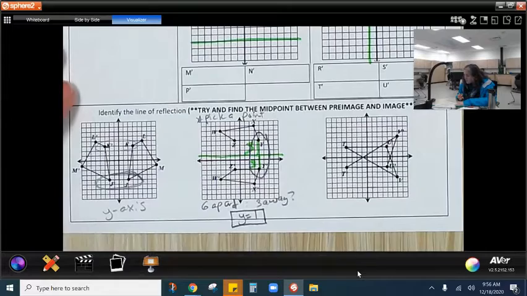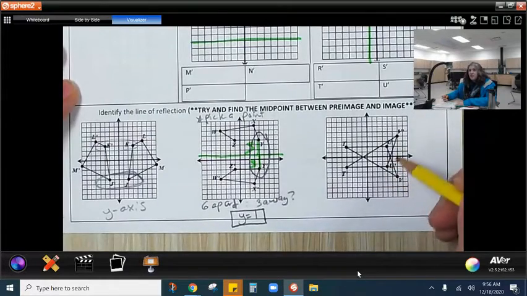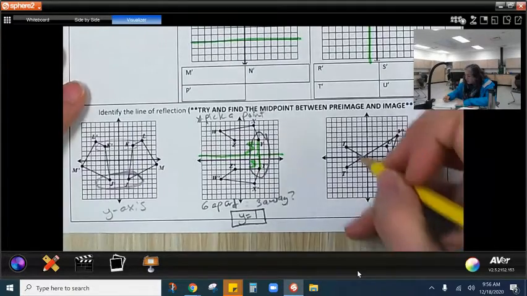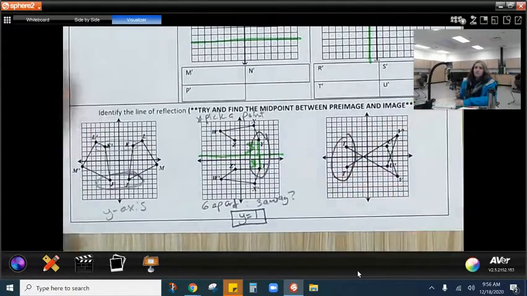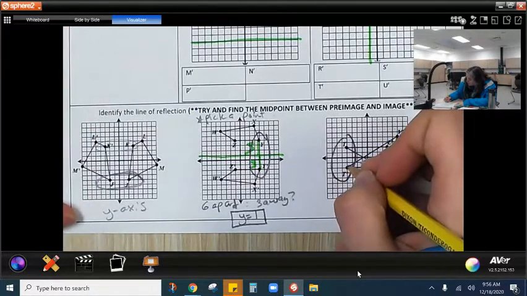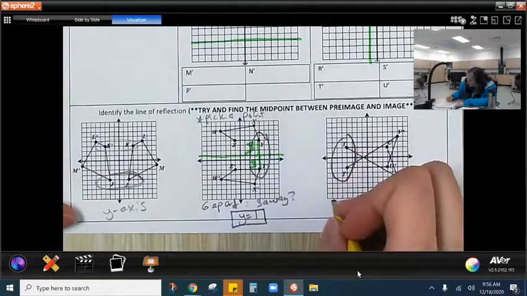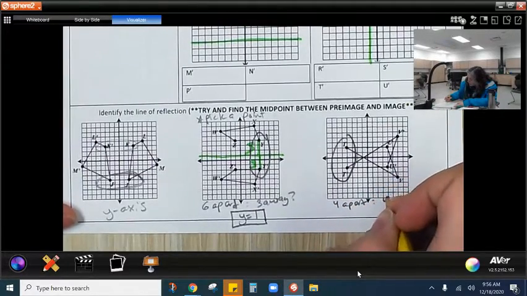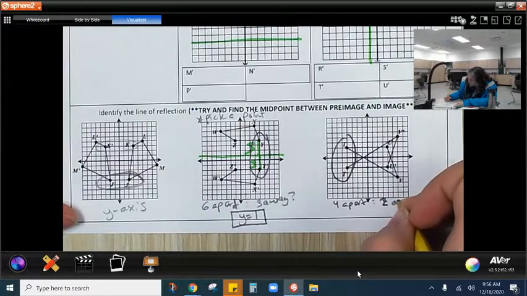All right, this one's going to be a little trickier, especially for these points in here. These points are really hard to see. U and U prime, maybe V would be okay, but I'm just going to stick with T. T is nice and out there, and he's easier to see. So T and T prime, how far apart are they? 1, 2, 3, 4. They are 4 apart. Well, what's the middle of that? 2.